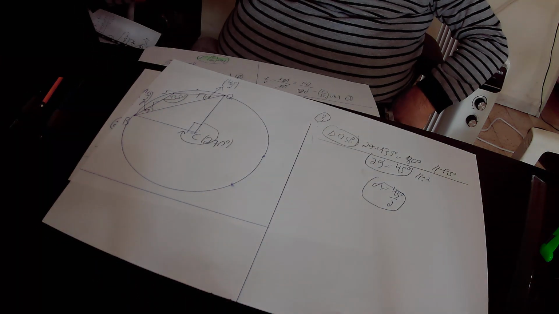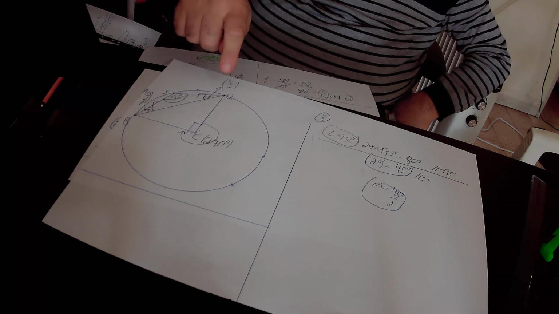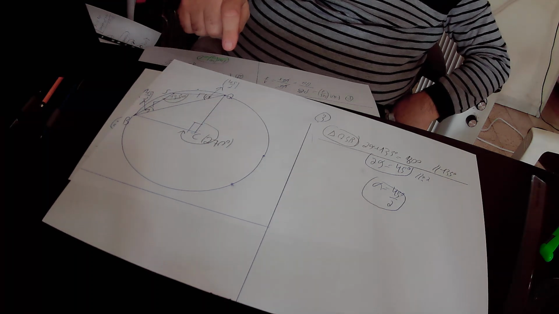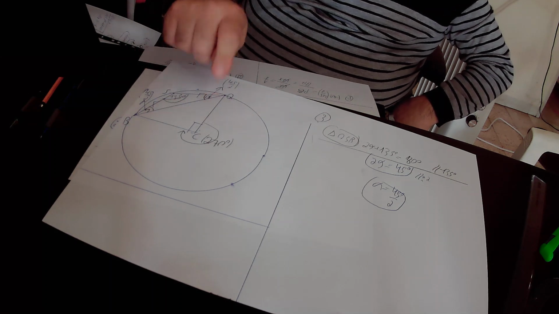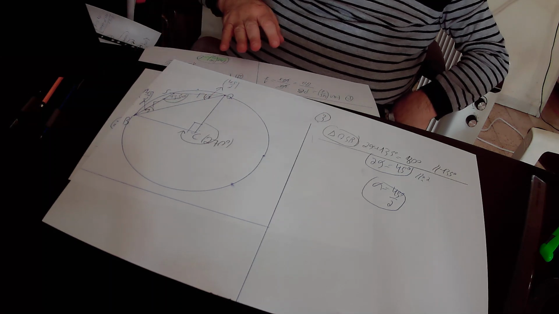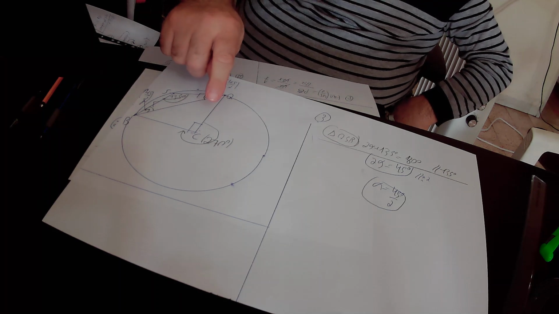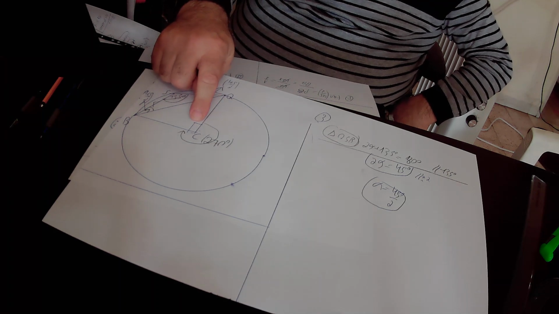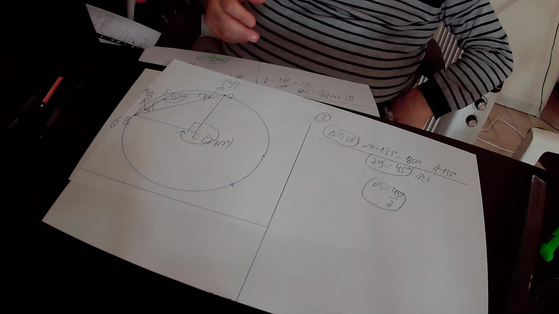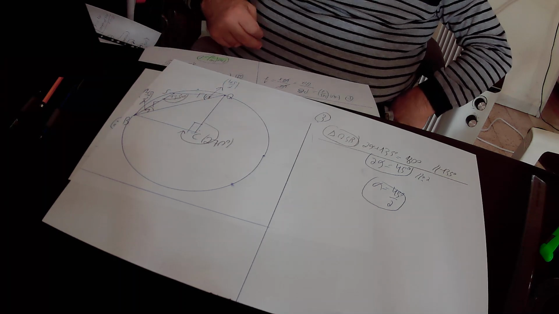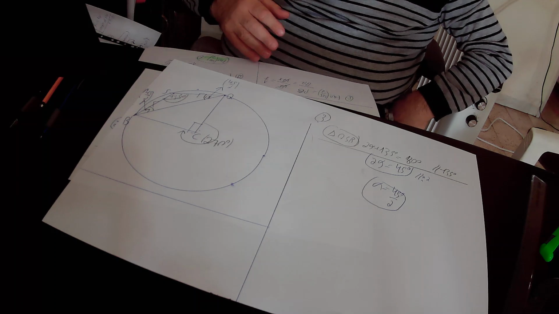Why? Because in our drawing, if we focus at point C, according to rule number 6, the sum of the angles around point C must be equal to 360 degrees. So which angles do we have around point C? We have this angle that is a right angle plus the missing angle. In total, the sum of those two angles must be equal to 360 degrees according to rule number 6.